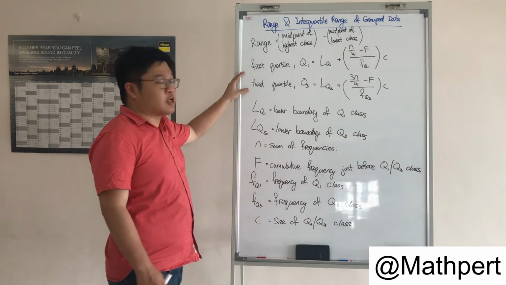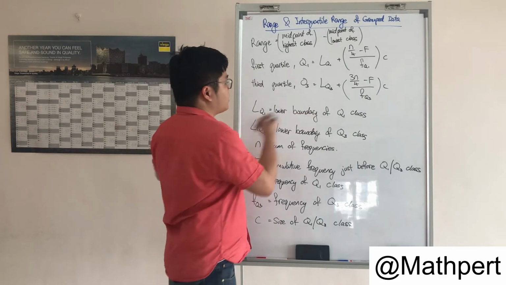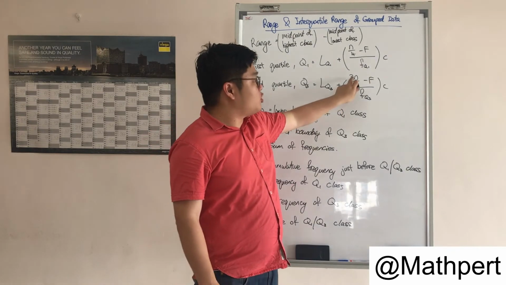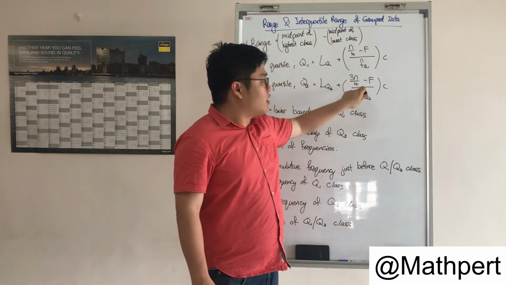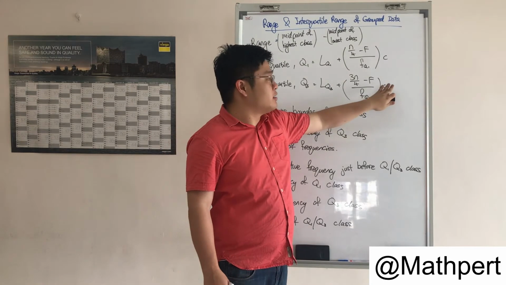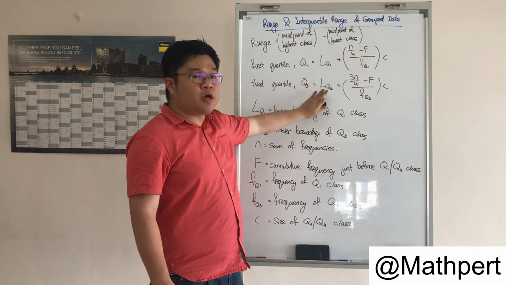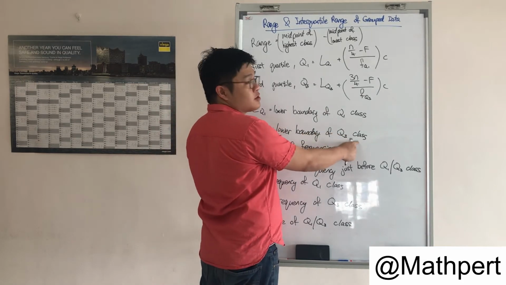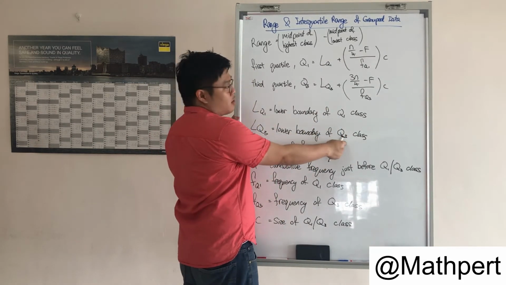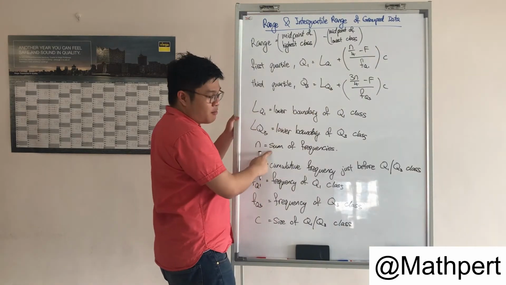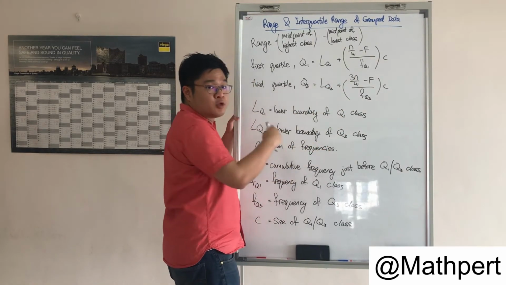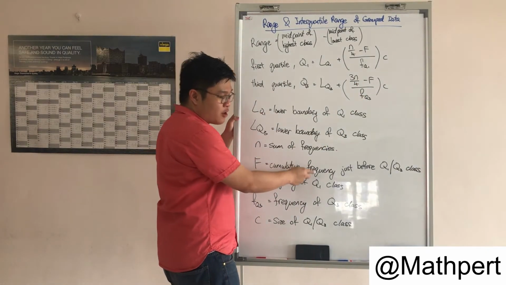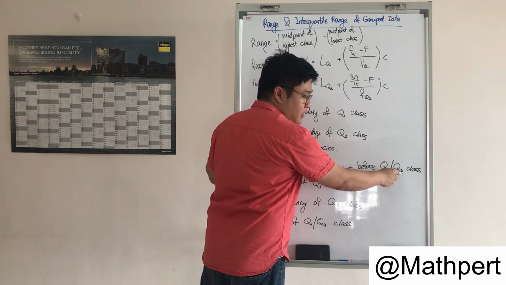Alright, whereas for the third quartile, Q3 is equal to LQ3 plus (3N over 4 minus F) over FQ3, multiplied by C, where LQ3 is the lower boundary of the Q3 class, the third quartile class. N is the same sum of frequencies, meaning total frequency. F is the cumulative frequency just before the Q3 class.